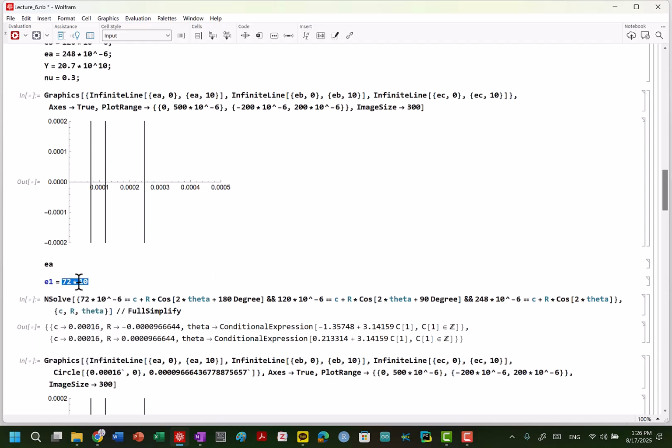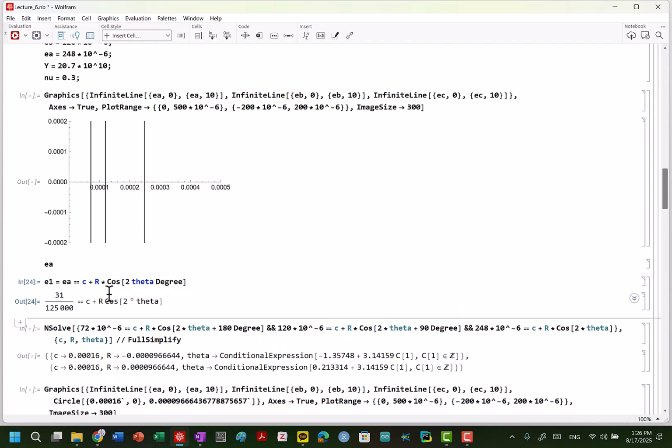So I'm going to just say this: E1 is equal to EA set equal to this, C plus R times cosine of 2 theta degree. So that's E1. E2 will be this.